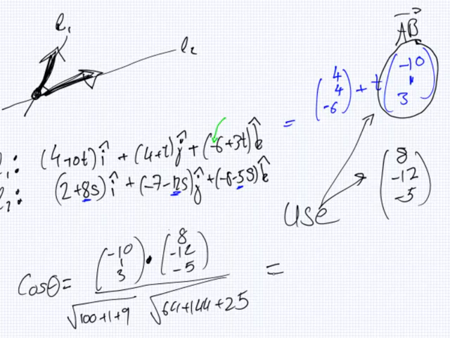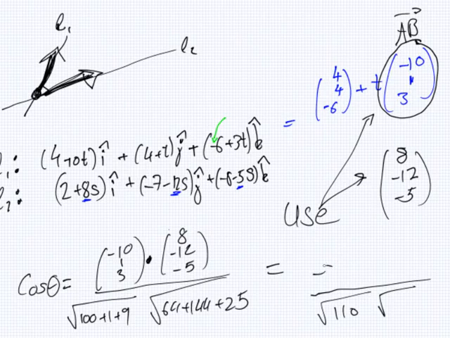The first one is square root of 110. And on the top we'd have minus 80, minus 12, minus 15.